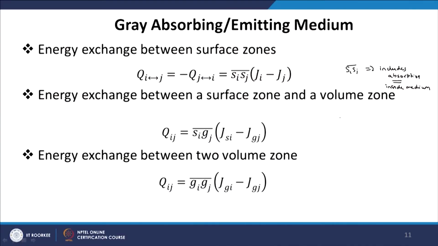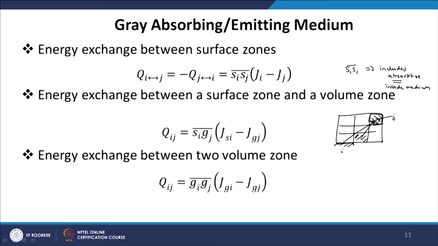So, suppose we have a domain, this is surface i and this is gas volume zone j. We are basically trying to understand how much energy from this surface is absorbed in this cell. So, Sij represents the direct exchange of radiative energy between surface i and volume zone j. Jsi is the radiosity of the surface and Jgj represents the radiosity of the volume zone j.